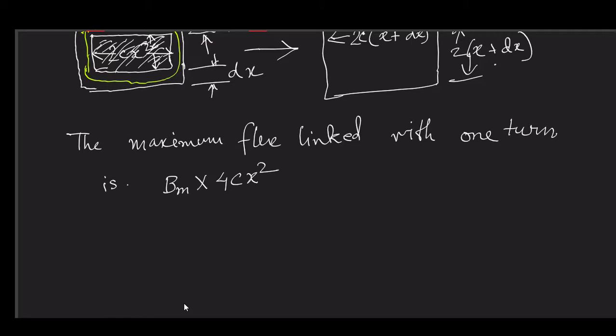You have to multiply 2cx into 2x, the two sides of the inner rectangle. So you find out the maximum flux that links with one turn.